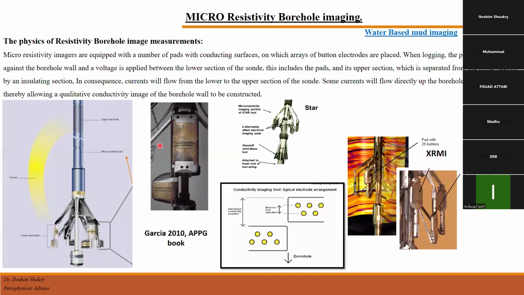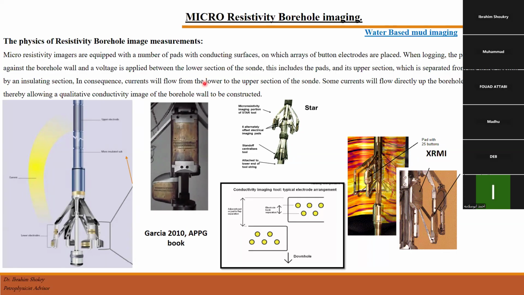We are going to speak about the theory, or the physical functionality, of how the micro resistivity image tool works in case of water-based mud.